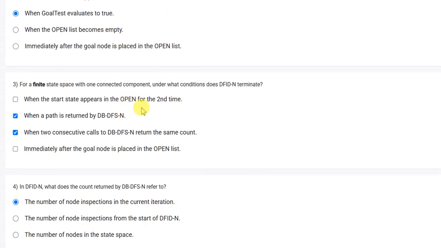Again, for a finite state space with one connected component, under what condition does DFIDN terminate? When the path is returned by DBDFSN, and when two consecutive calls to DBDFSN return the same count.